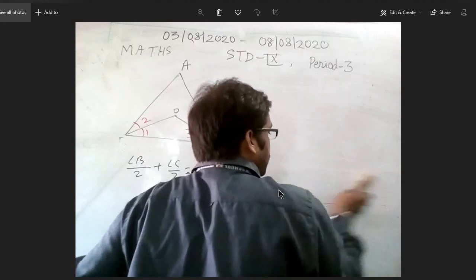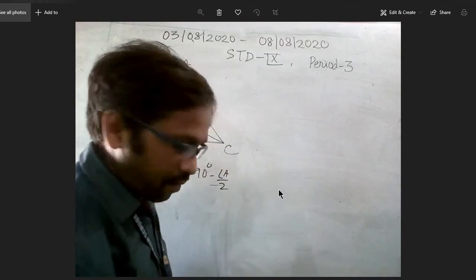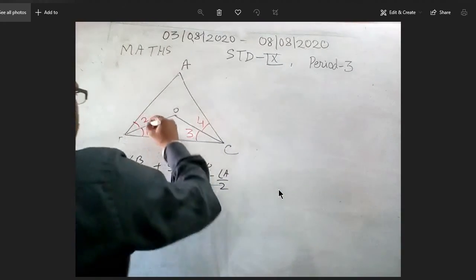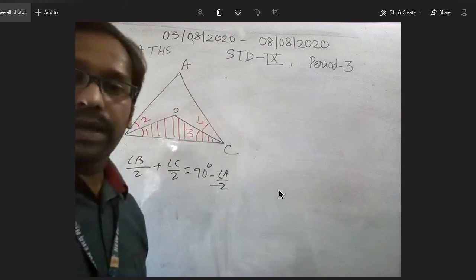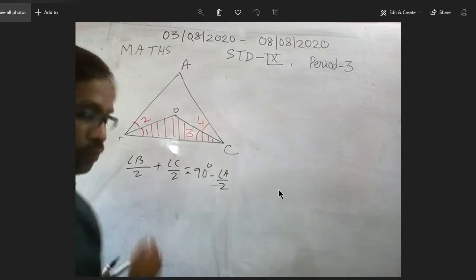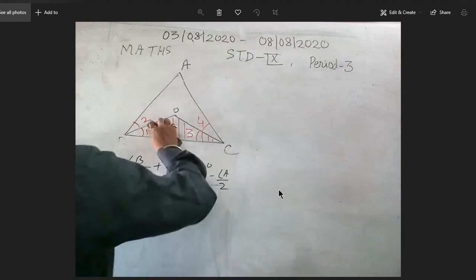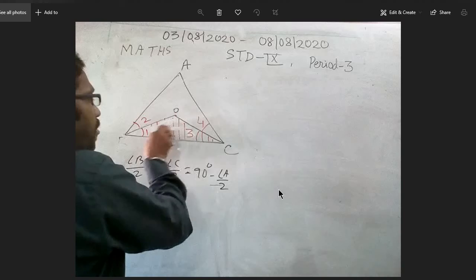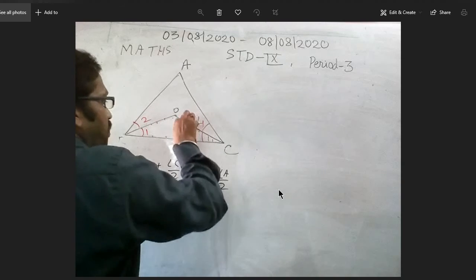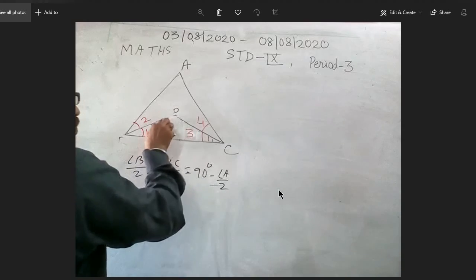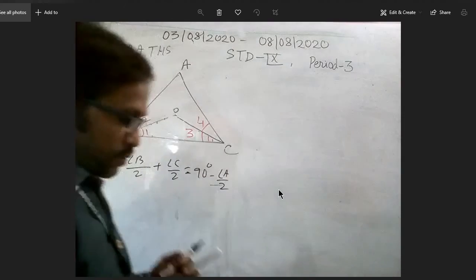So this is triangle BOC. In the starting I have written it. Now what is there in this triangle? Angle 1 and angle 3 are present, and angle O is also present here.